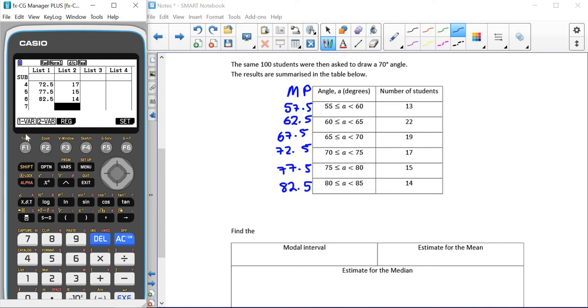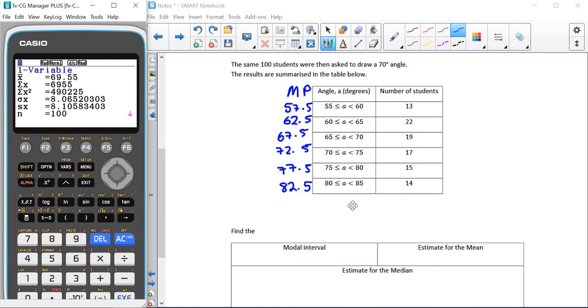So then we need to click on one var, because we still only have one variable, which is the angle in degrees. And our estimate for the mean is going to be 69.55. If I scroll down here, I can see that, as we talked about before, the median has just come up with the midpoint for the median group.